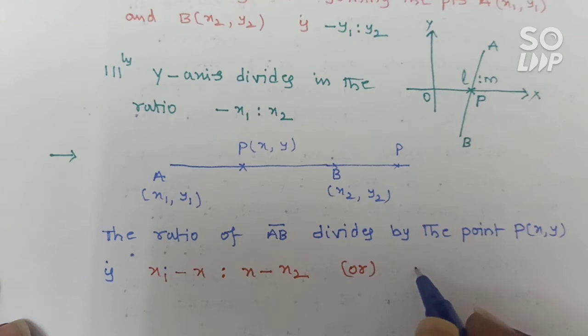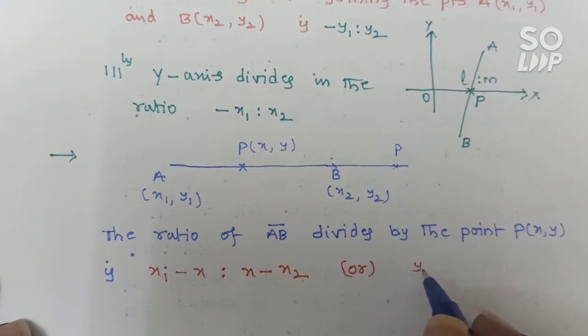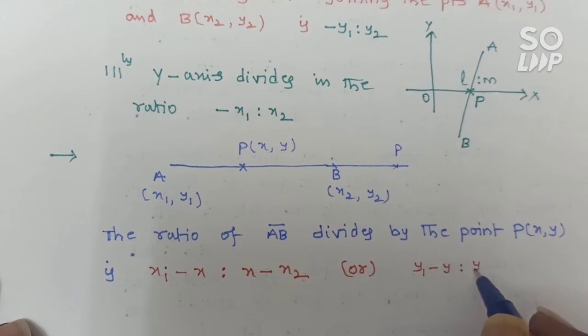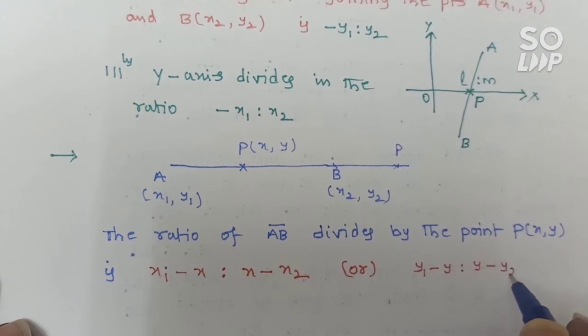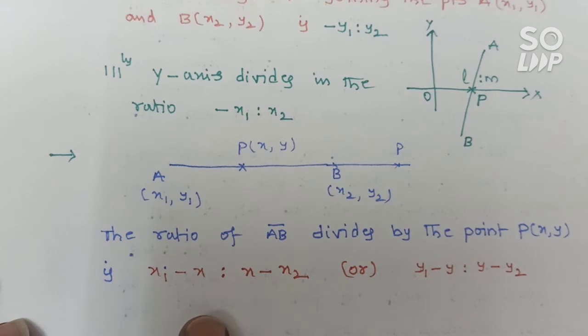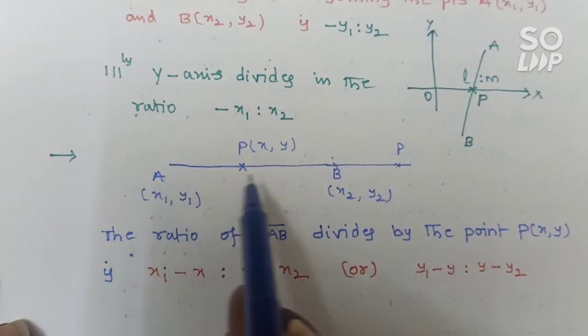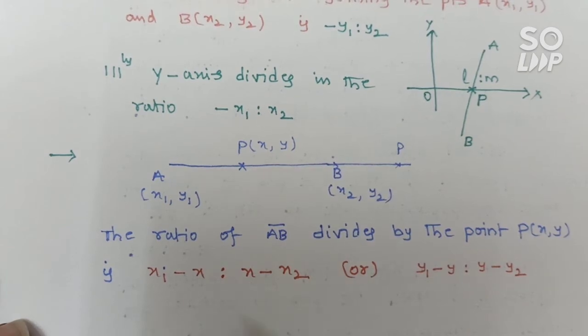Similarly, in terms of the y coordinates, it is y1 minus y is to y minus y2. How can we get this formula? This is by using the concept of collinearity.